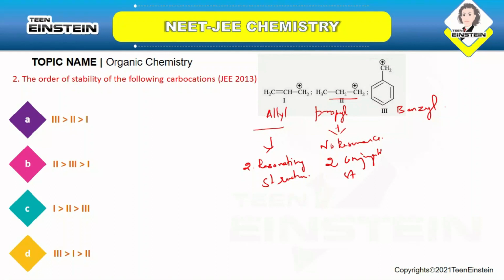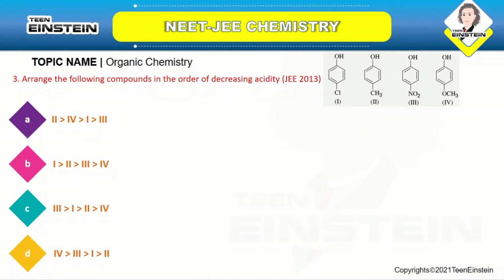The third one is benzyl carbocation. In this structure, 5 resonating structures are possible. So from these numbers of resonating structures or conjugating structures, we can predict the stability of the given compounds.